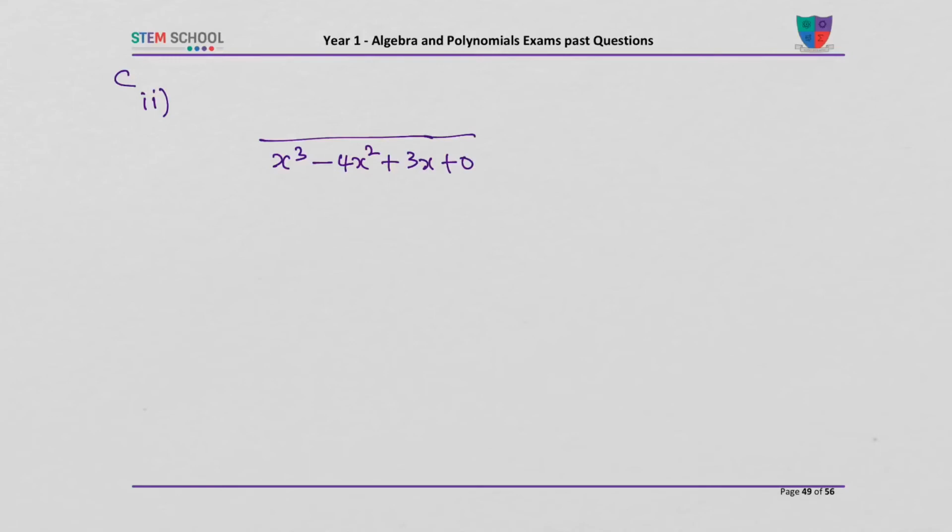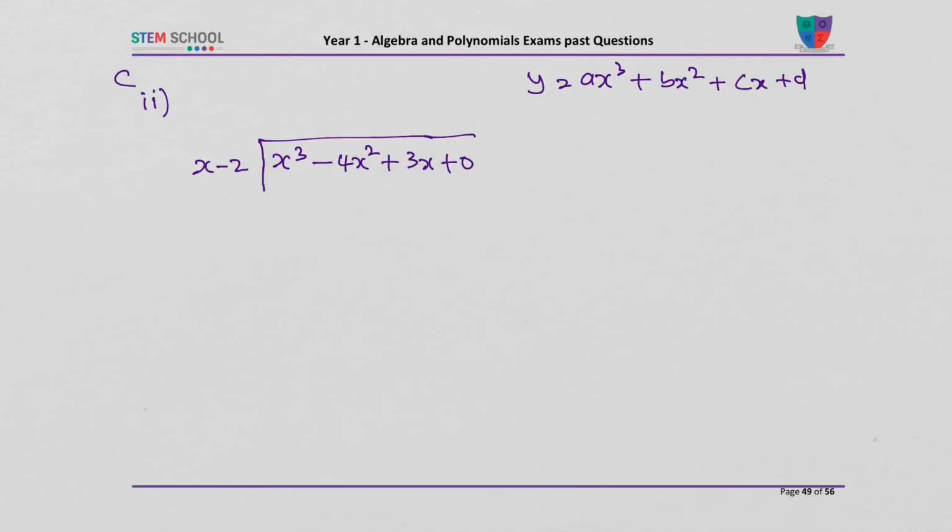It's a cubic, ax cubed plus bx squared plus cx plus d. Now we're dividing it by x minus 2.